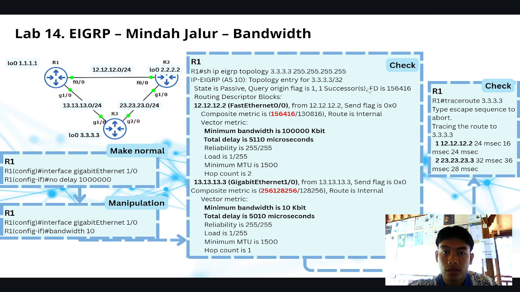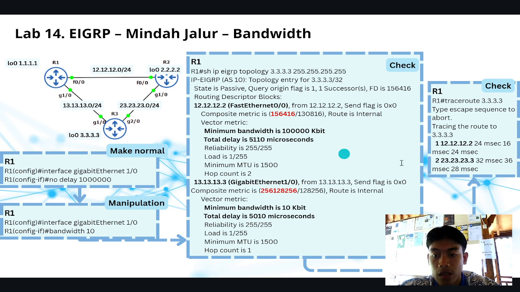And then next, this is the EIGRP topology table after the bandwidth change. Via FA0/0, composite metric 156416, minimum bandwidth in kbit, total delay 5110 microseconds, and hop count 2.